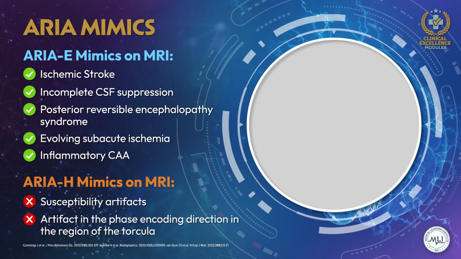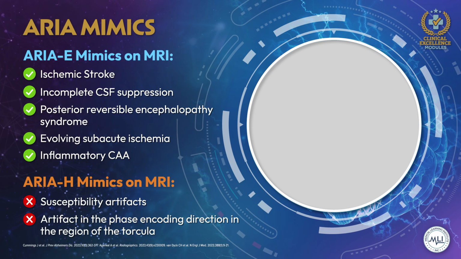On MRI, incomplete CSF suppression may be observed, particularly on conventional FLAIR imaging. 3D FLAIR using a non-selective inversion pulse provides better CSF suppression and therefore represents the preferred sequence for assessing ARIA-E in clinical practice.